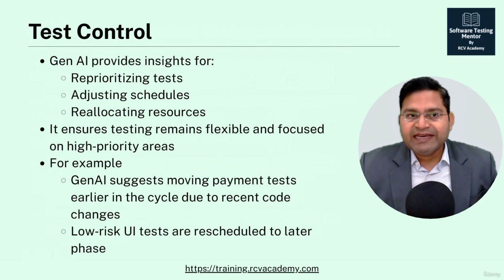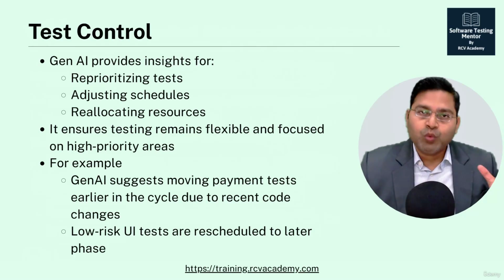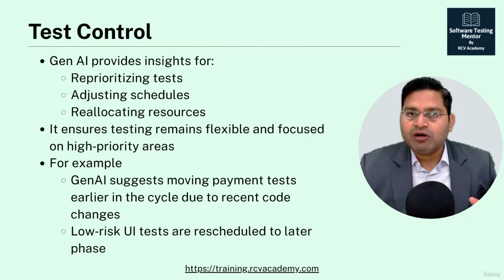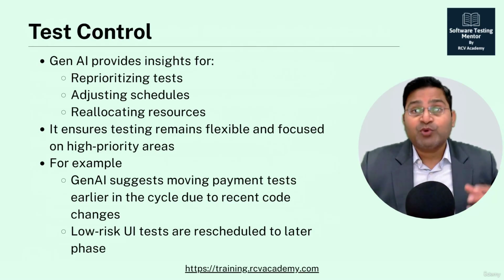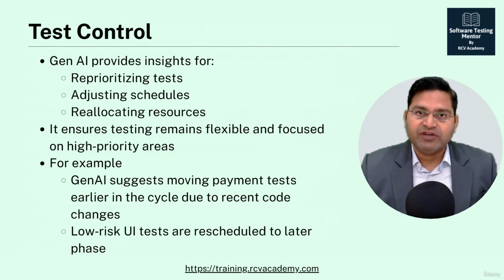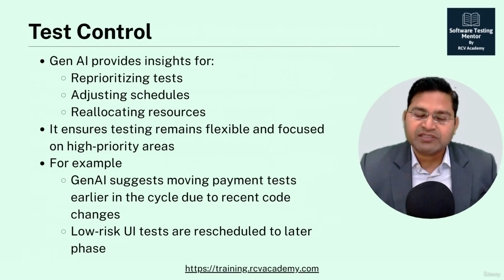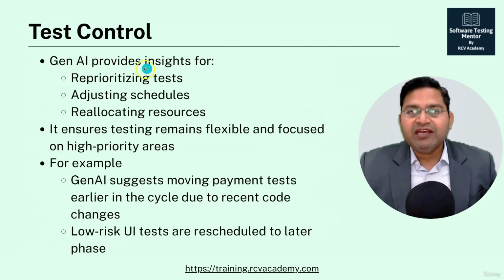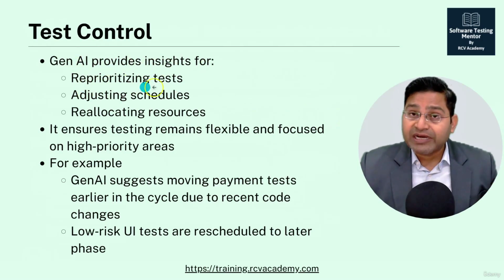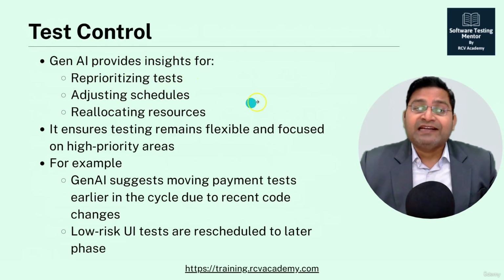Now, how can Gen AI help with test control? Once you have the test execution or test progress data fed into the generative AI, it can automatically scan and provide you with any of the risks and control measures. Gen AI can provide insights for reprioritizing tests, if any, and adjusting the schedule.